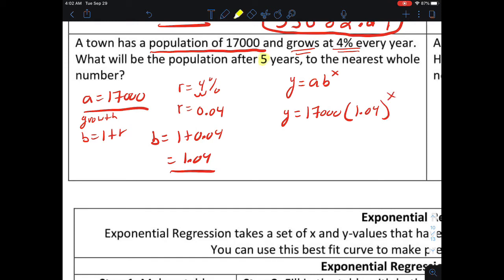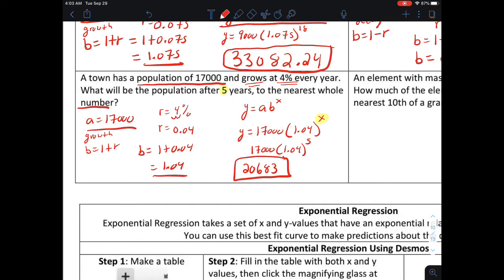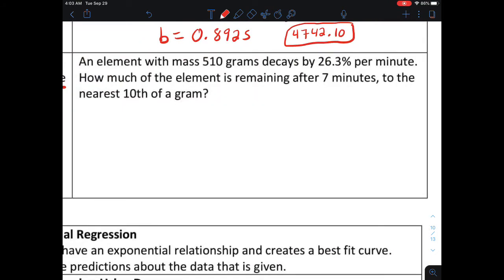We want to know what would the population be after 5 years. So I put 5 where the x is. And then you go to your calculator and you see what that equals. Okay, and they told us to round to the nearest whole number. So after 5 years, our population is now approximately 20,683.